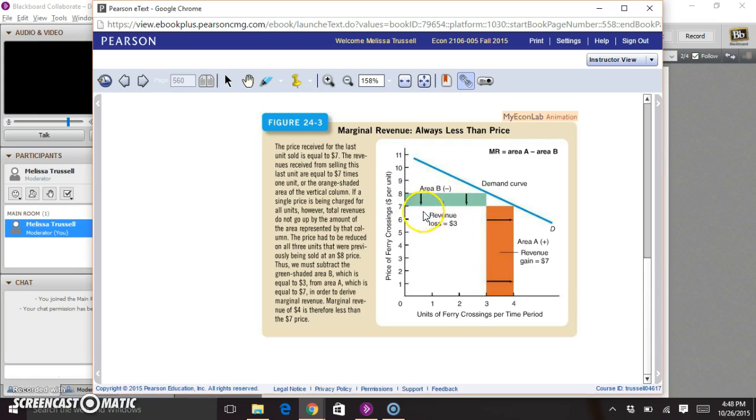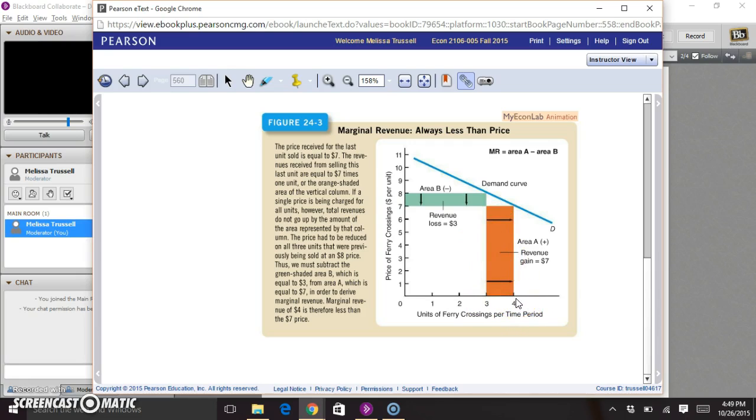So our total loss from going from 3 trips to 4 trips is represented by this green rectangle, which is $3, because we actually lose $1 on each of the first trips, right? Because we're charging $7 each rather than $8 each now. So we lose those $3 on the first 3 trips, but then we gain $7 from taking the 4th trip.